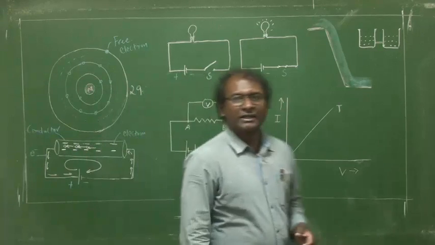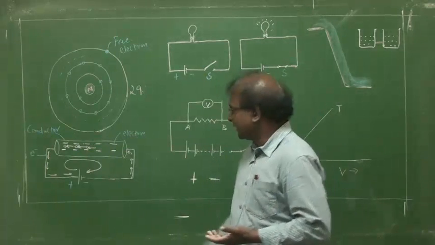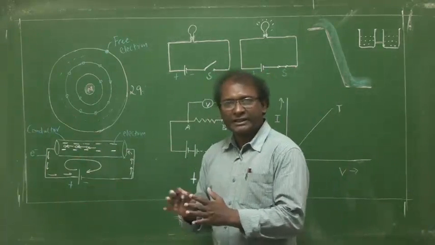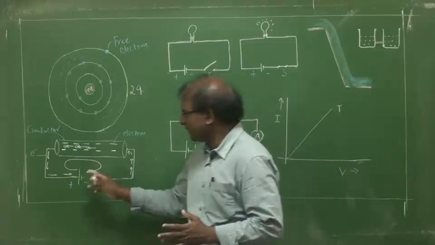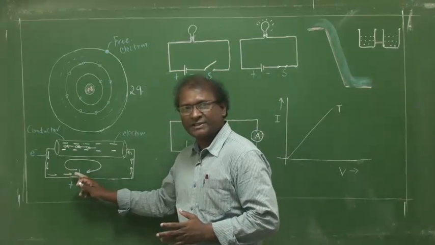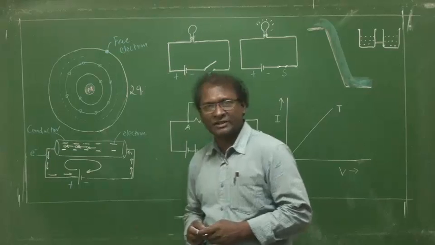That is called conventional current, which is against the electron flow. There is a story or history behind the reason why current is considered to flow from the plus side of the cell to the minus side of the cell.